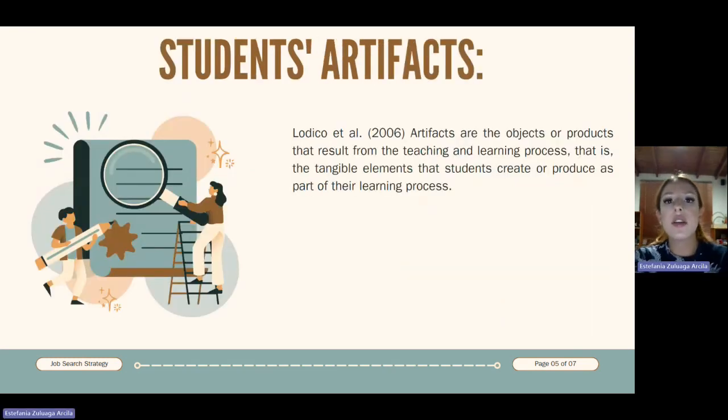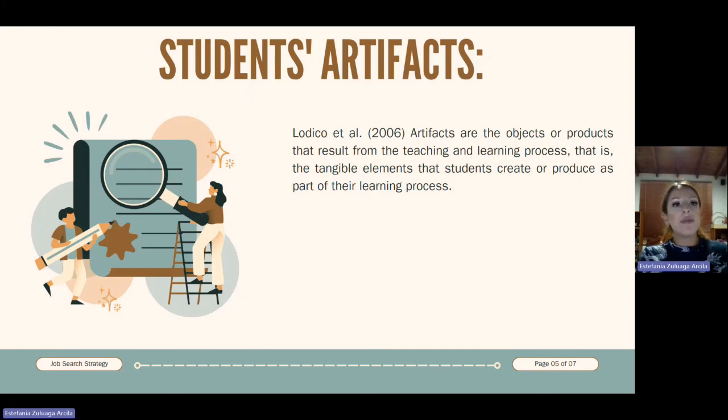The students' artifacts also belong to the reflection part and to the third objective, which is to compare the effects of alternative assessment and traditional assessment. It will be implemented during 6 weeks of classes, 4 hours per week.